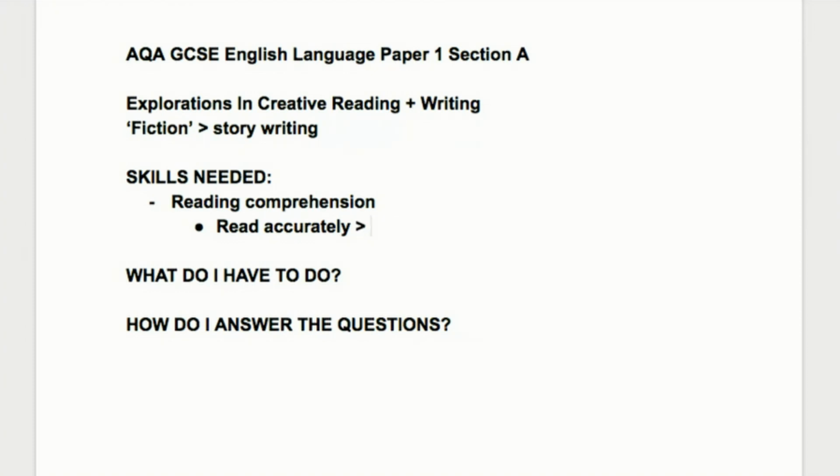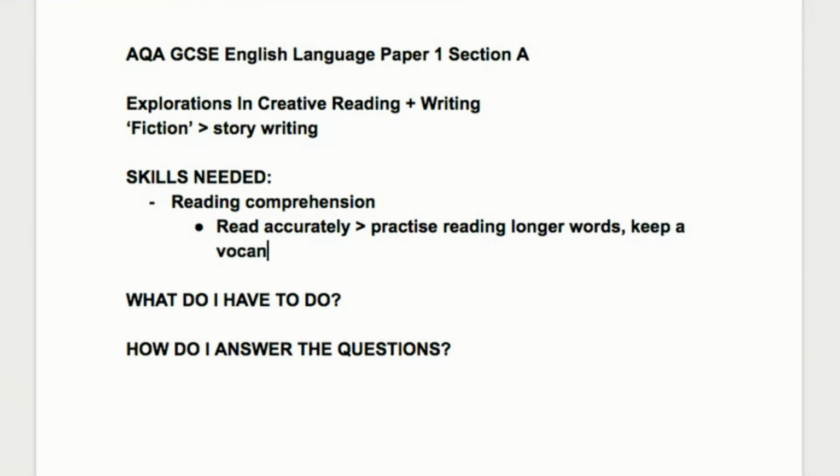When you're skim reading as well, you don't just bumble along without knowing too many words so that the meaning is lost. So practice reading longer words in your head or aloud, and keep a vocab list so that you're always improving your vocabulary.